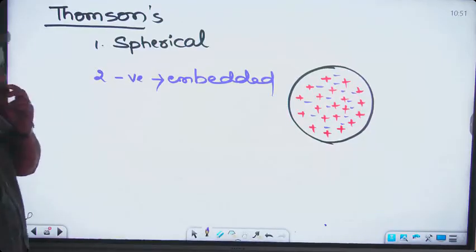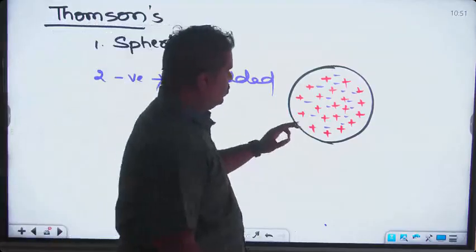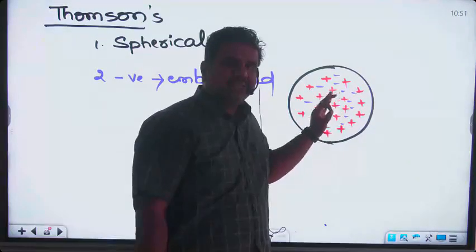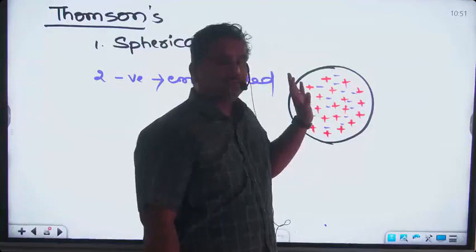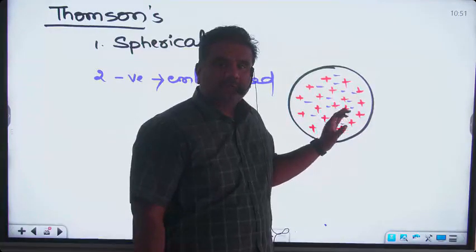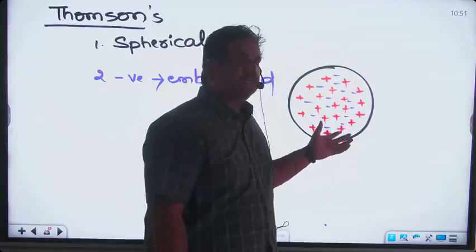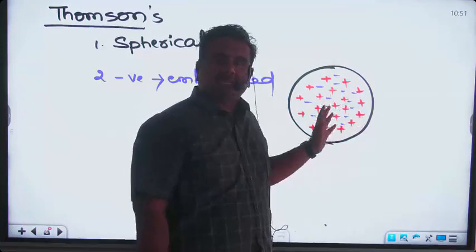Now one simple question. When positive and negative charges are at the same place, can they exist without combining? We know that opposite charges attract; like charges repel, unlike charges attract.